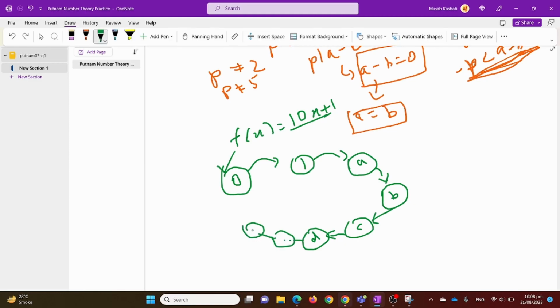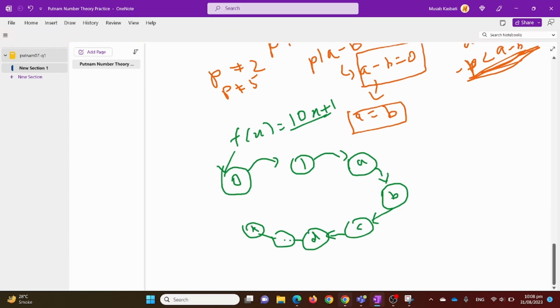So what I'm going to claim here is that even if I go to a number k, and I'm assuming at this point that all of these numbers are unique, so 1 is not a, it's not b, it's not c, it's not d. And my claim is that eventually it will loop back to 0.